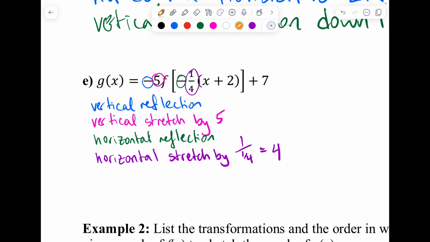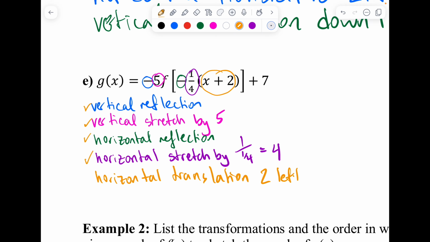So we've done all of the reflections, we've done all the stretches and compressions. So now let's look at this. We're adding 2 to x. So that is a horizontal translation. And because we're adding 2 to x, it's 2 to the left.